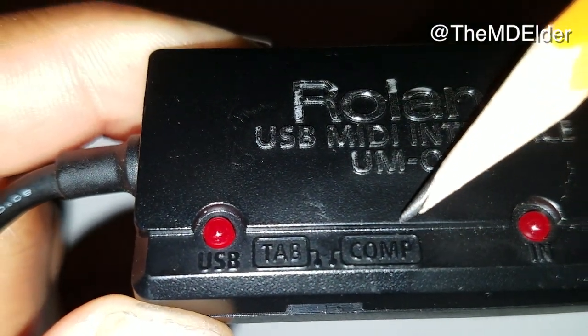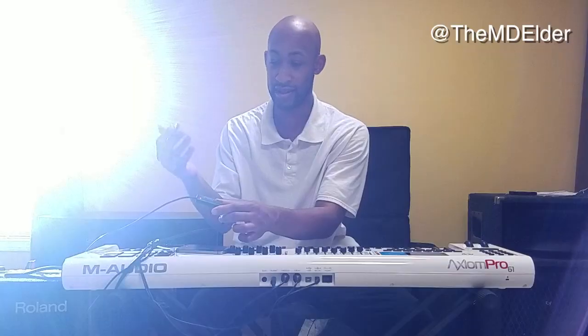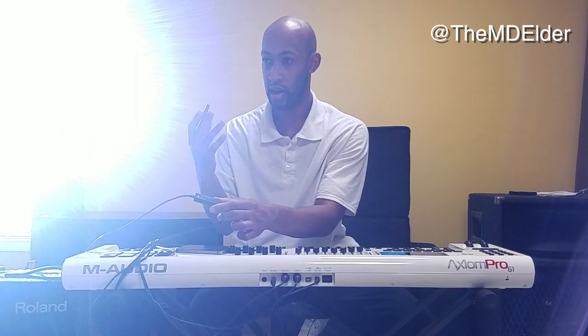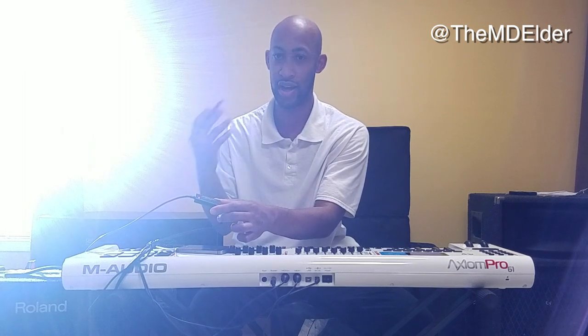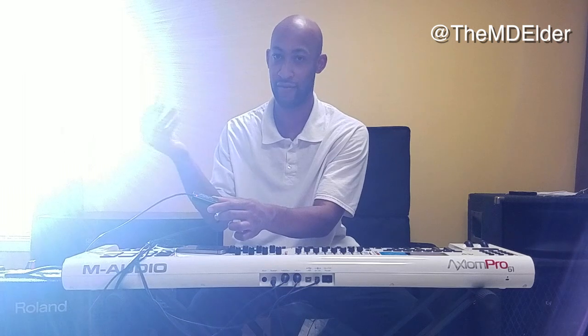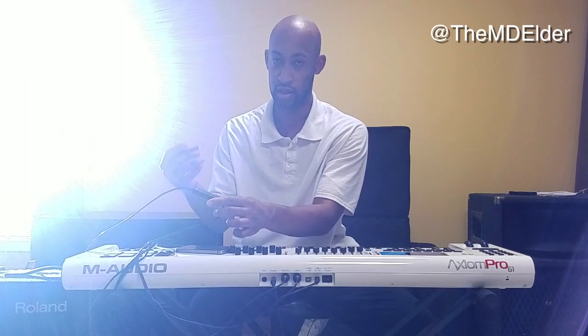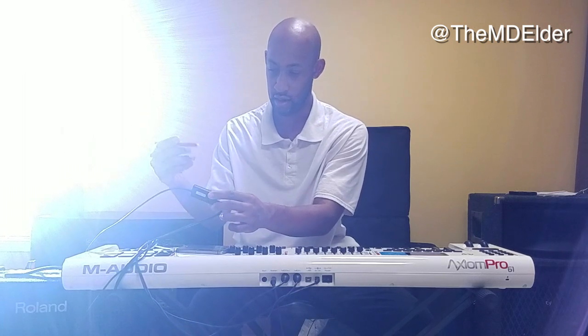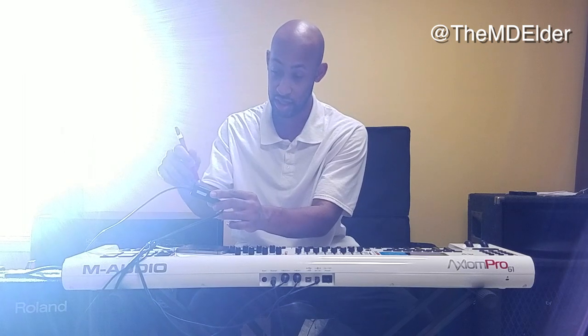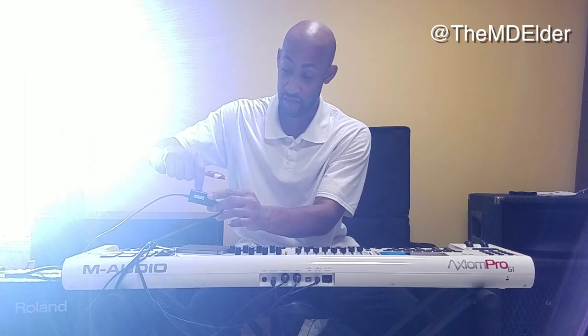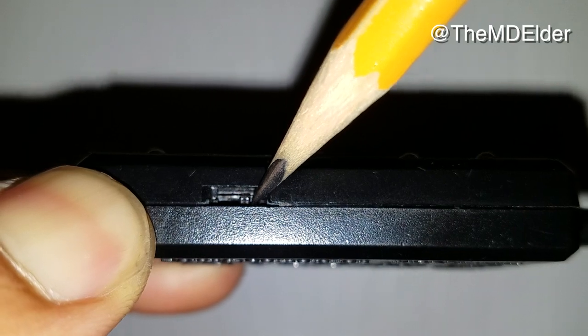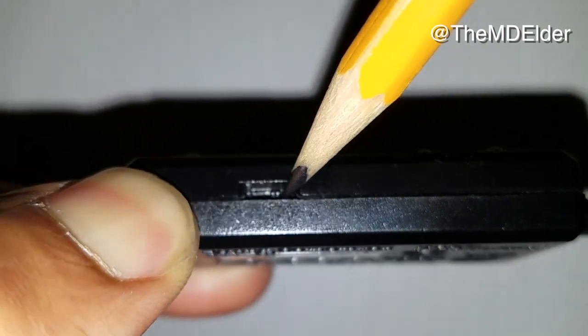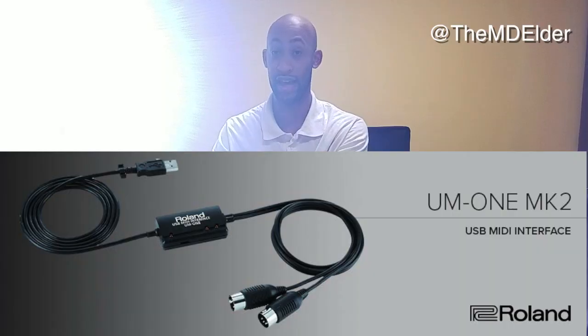But if you want it to control your laptop, so let's say you're working in Contact 6, Contact 5, and you want to use this, you would get the pen, or if you have small fingers and long fingernails, and push it that way. And this is what it looks like more up close.